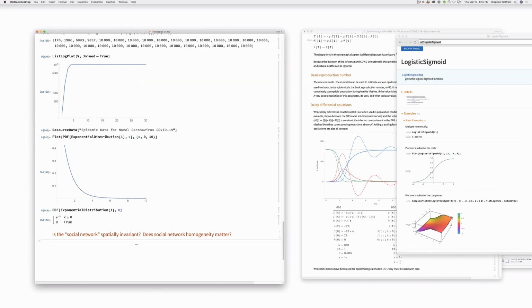That distribution matters. The mean matters, but also things like the standard deviation and the skew matter. So a lot of the details of that distribution matter.